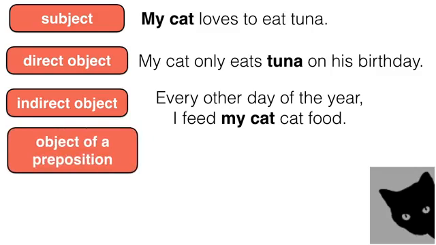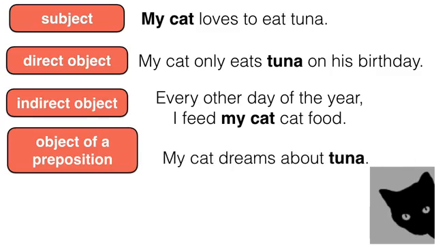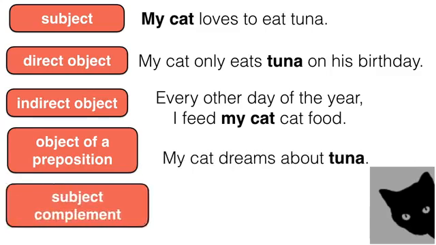Or they could be an object of a preposition, just like tuna is in this example. Finally, noun phrases could be subject complements, just like a funny cat is here in this sentence.